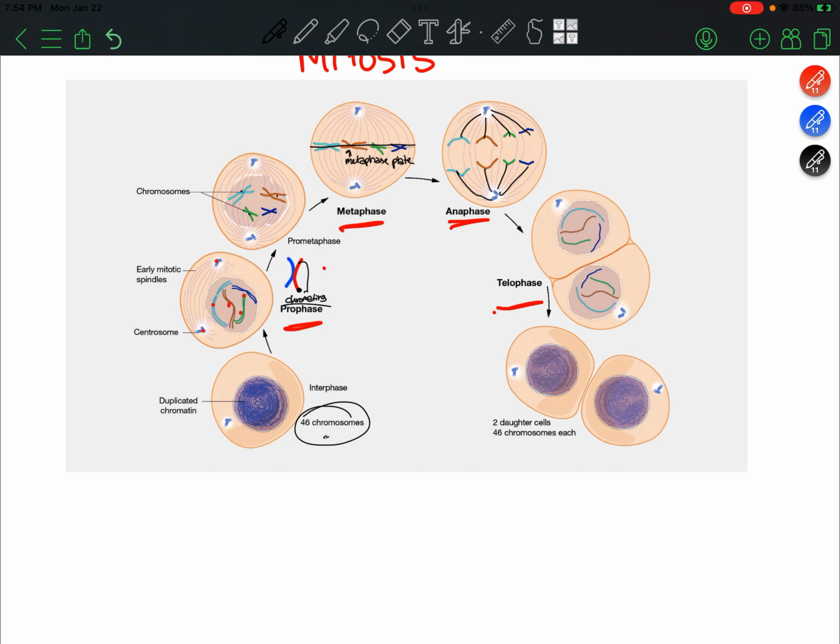It's not good, but there's not 46 chromosomes. There's 46 chromatins, not chromosomes. It's supposed to be chromatin. Then they split them until there's 23 chromatins in each cell, which then turn into 23 full chromosomes, because one cell has 23 chromosomes.